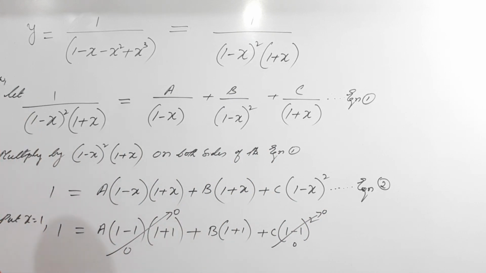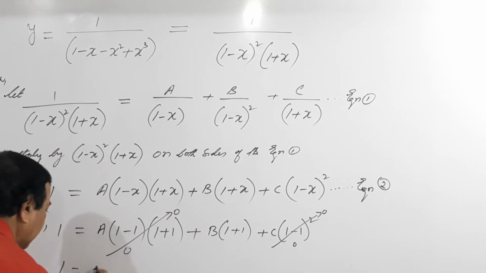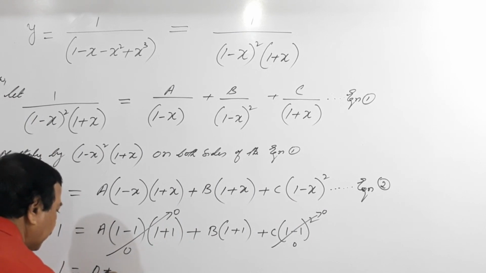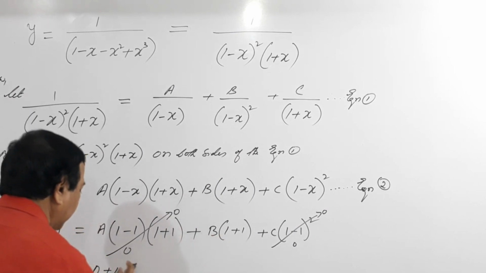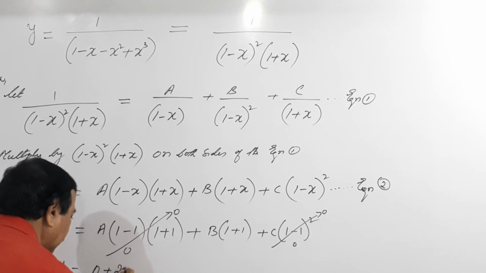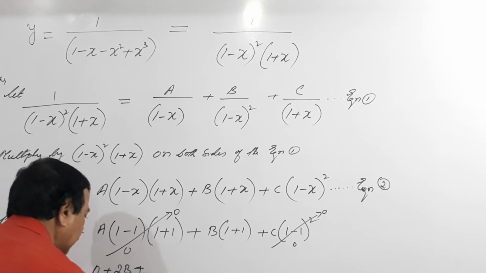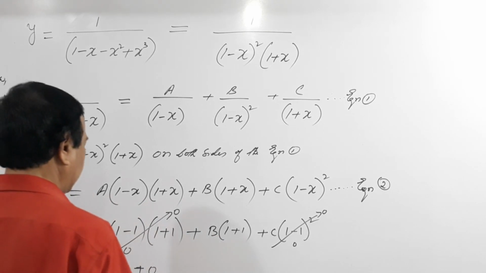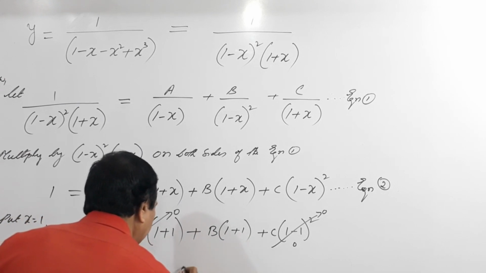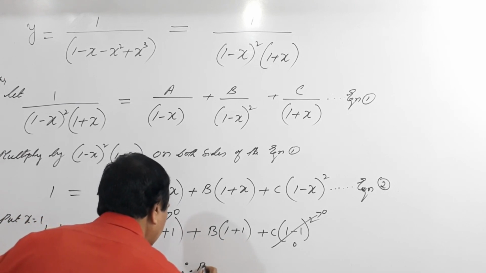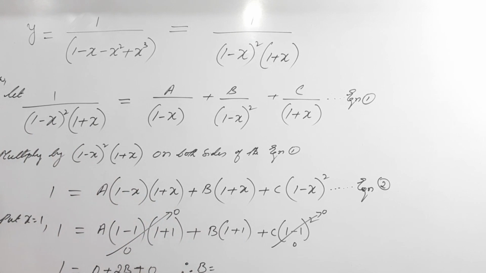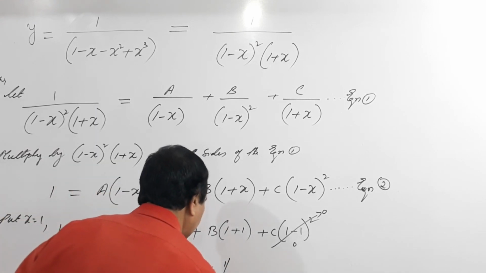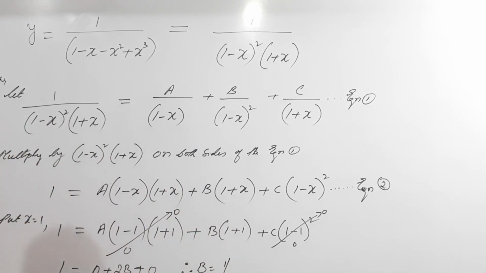So 1 equals to 0 plus 2b plus 0. Therefore, b equals to what? Half, because 1 equals to 2b, b equals to 1 by 2.